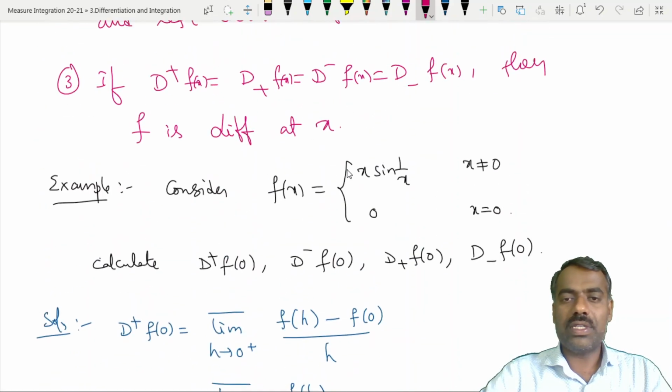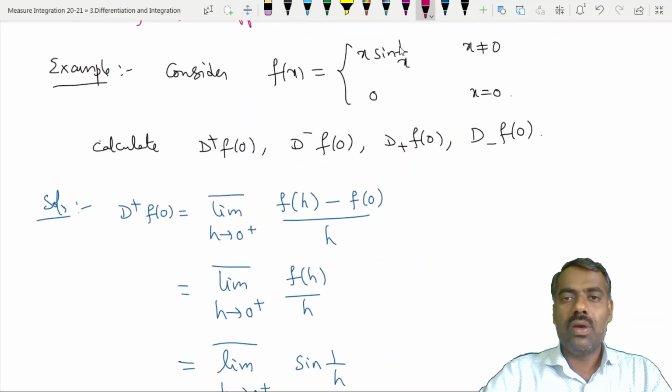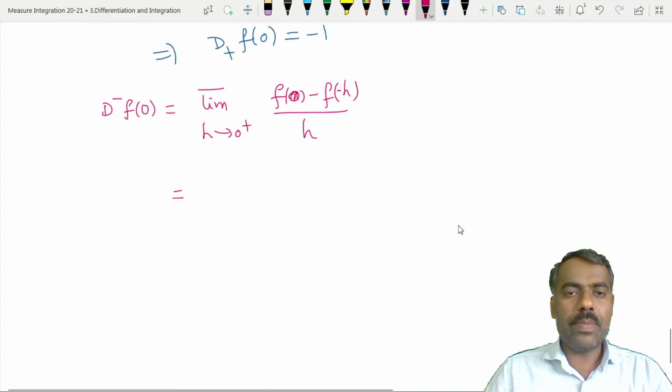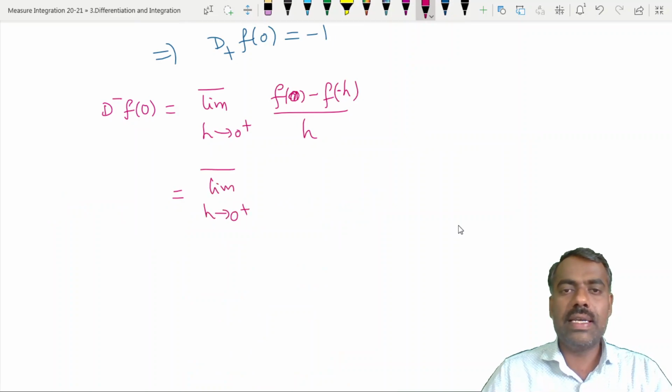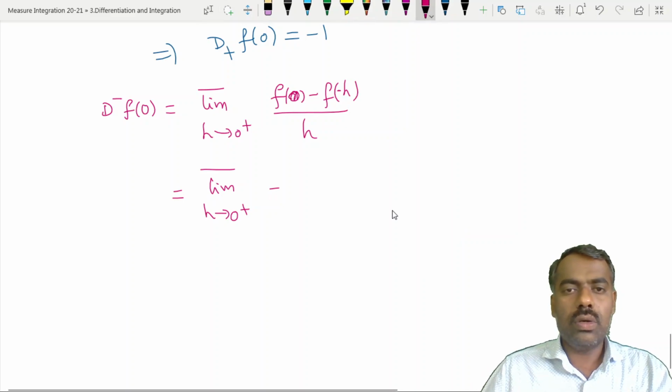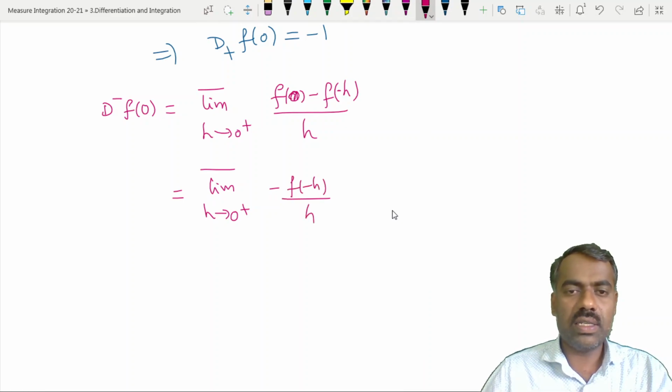If you substitute minus h in place of x in x sine 1 by x, minus minus will get cancelled. So this is the same as the upper limit of h tending to 0 plus, f of 0 is 0, then here you will have minus f of minus h upon h, right?